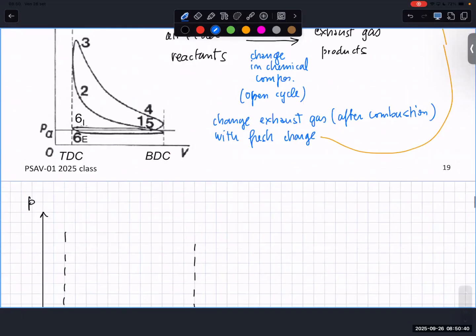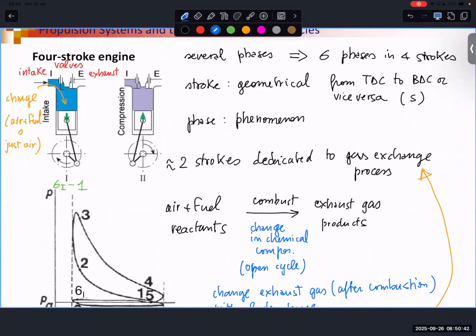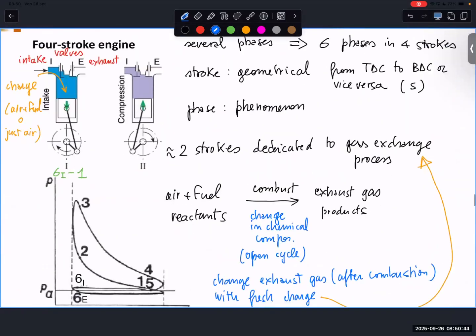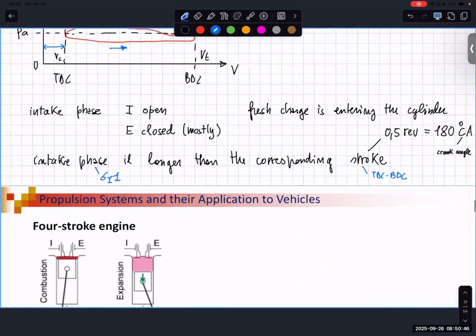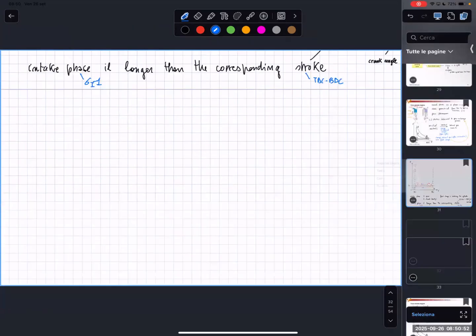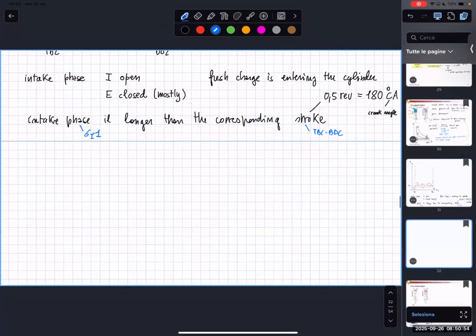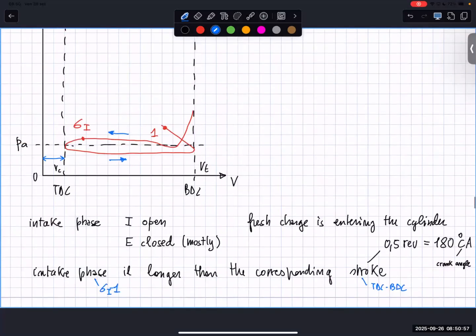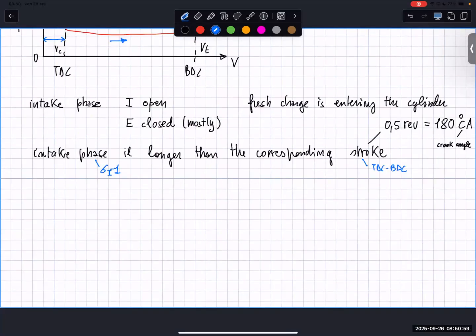After this phase, we have the phase of compression. Both valves are closed.